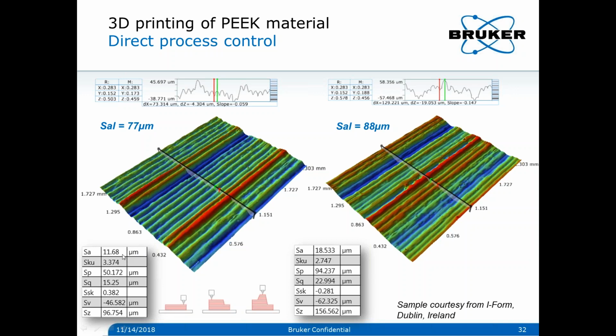The mean roughness is also very different, but the mean roughness does not tell you something directly linked to the process. So here the key element is the mean correlation length, which automatically works out the spacing of these lines. It gives a value of 77 microns, which is really what is expected for the process given the layer thickness. And here you see 88, which shows that there is a partial fusion.